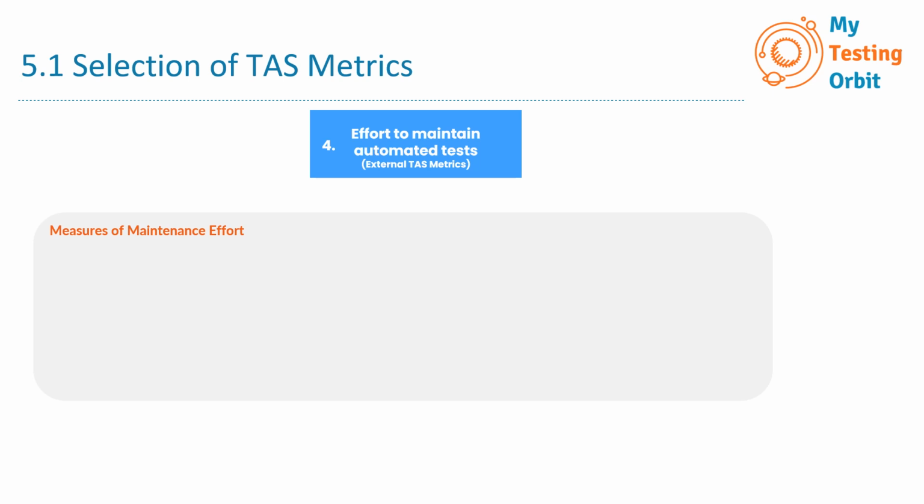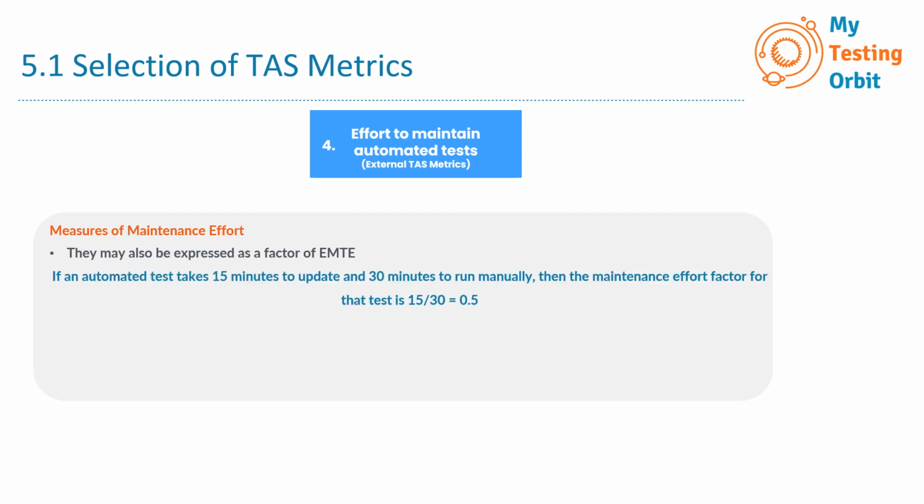So we are continuing measures of maintenance effort. And the third point is, they may also be expressed as a factor of EMTE. We already covered factor of EMTE in the previous session. So if an automated test takes 15 minutes to update and 30 minutes to run manually, then the maintenance effort factor for that test is 15 divided by 30, which is equal to 0.5.